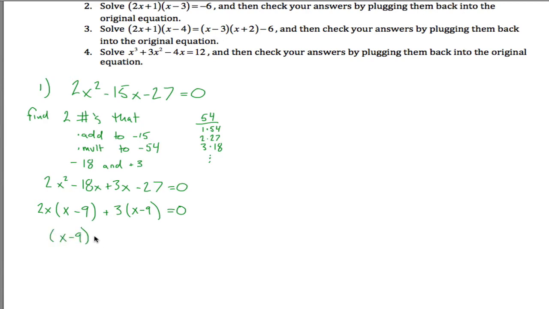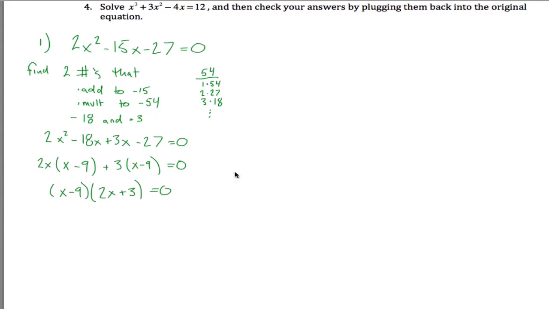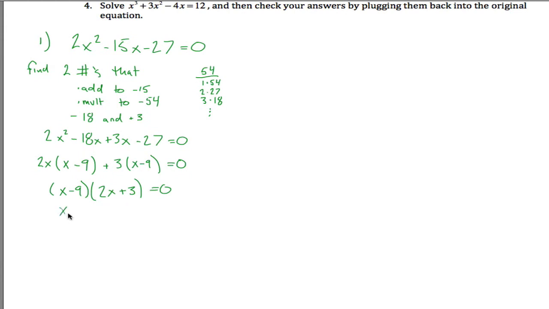So we can factor out that x minus 9 and get x minus 9 times 2x plus 3 equals 0. So either x minus 9 equals 0 or 2x plus 3 equals 0. So either x equals 9 or 2x equals negative 3, and therefore x equals negative 3/2. We get two solutions here, x equals 9 and x equals negative 3/2.